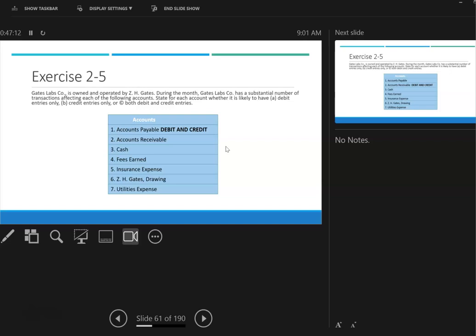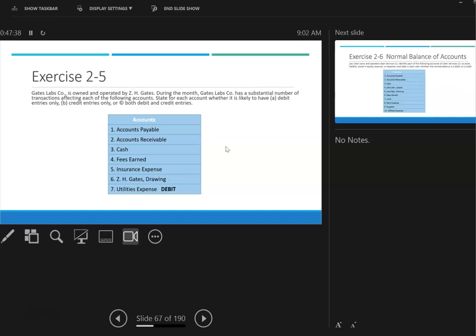Right? What happens to cash? We do it all, don't we? Debit and credit it. What about fees earned? Mainly just a credit. Insurance expense? Debit. Gates drawing? Debit. Utilities expense? Debit.